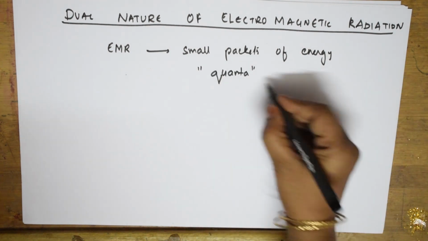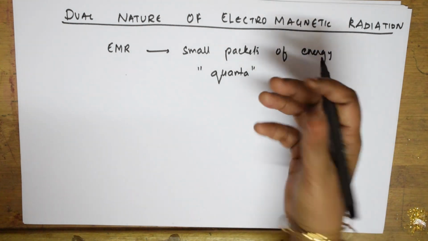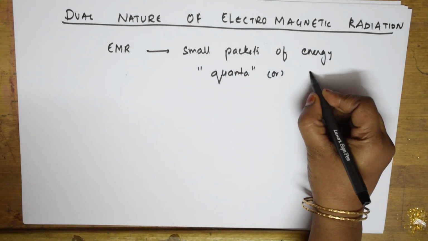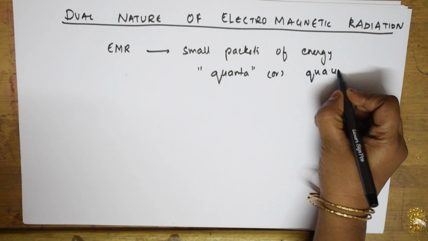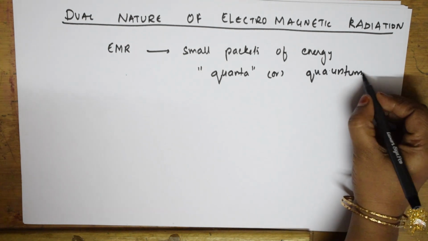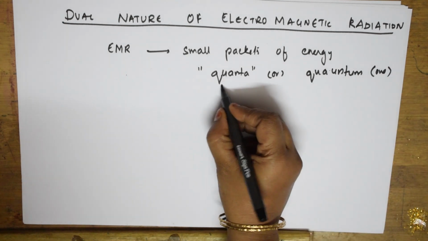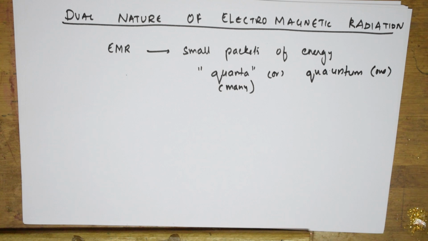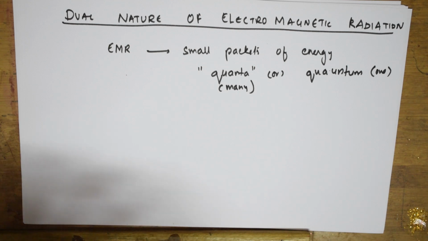Quanta means many packets of energy. If you're speaking about one particular packet, then we call it a quantum. Quantum means one packet; this is many small packets together. So with the photoelectric effect as well as blackbody radiation, we could say that the electromagnetic radiation has dual nature.